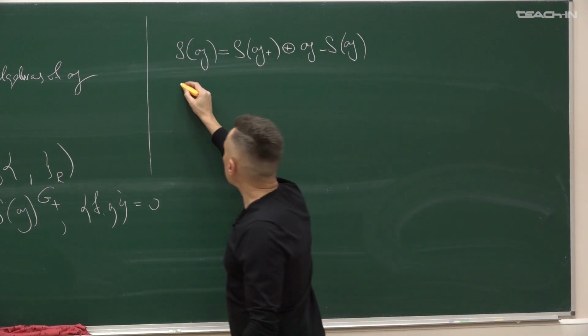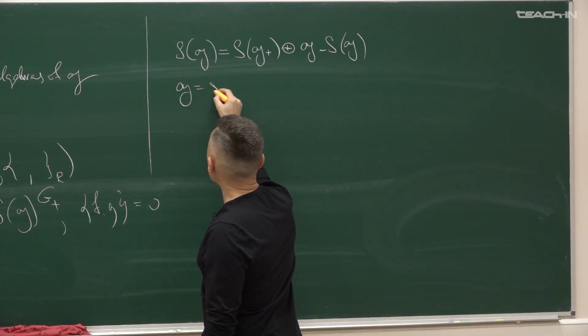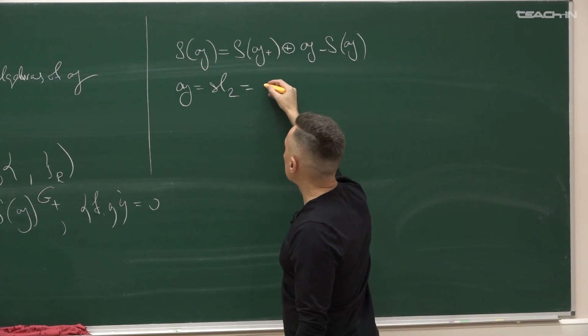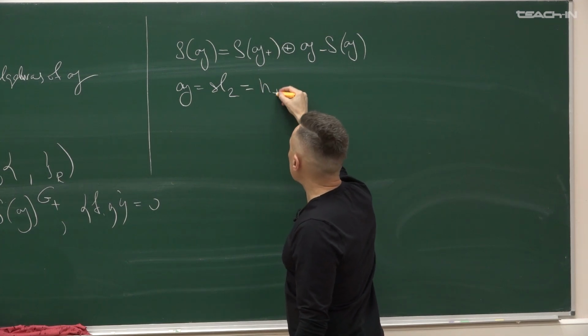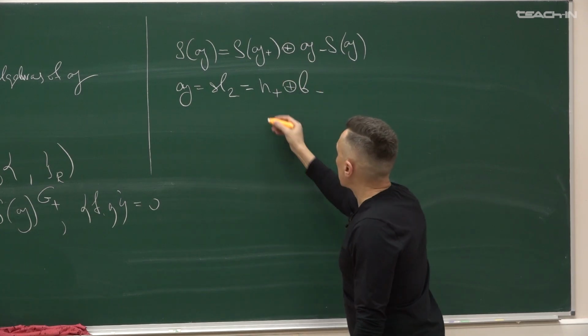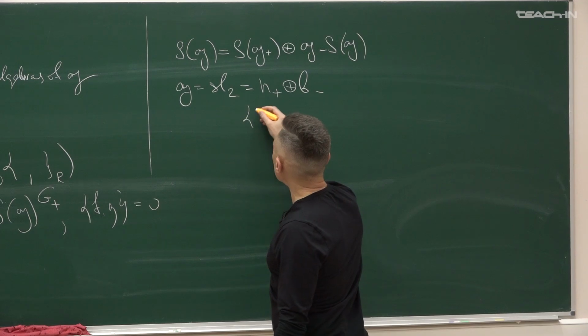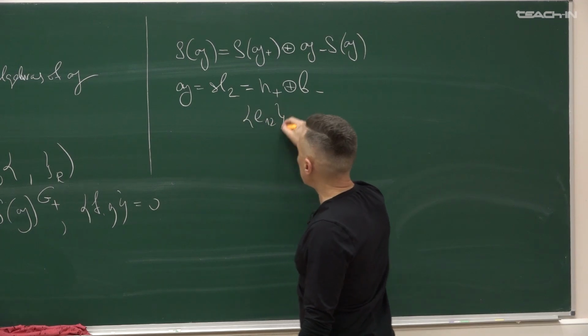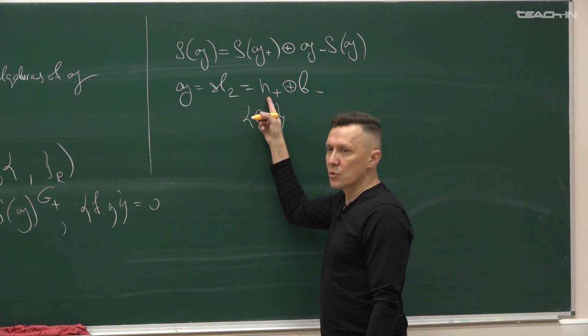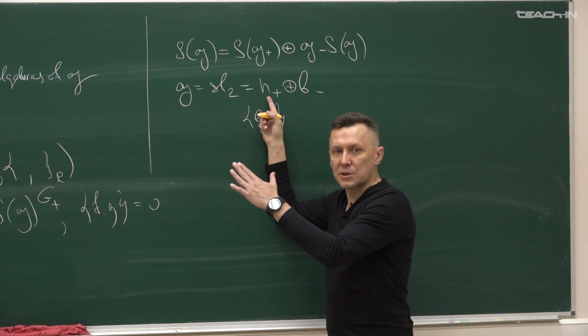So for example, if G is SL2 and we decompose it as N plus and B minus, this Lie algebra N plus is generated by the element E12, nilpotent upper triangular matrices.